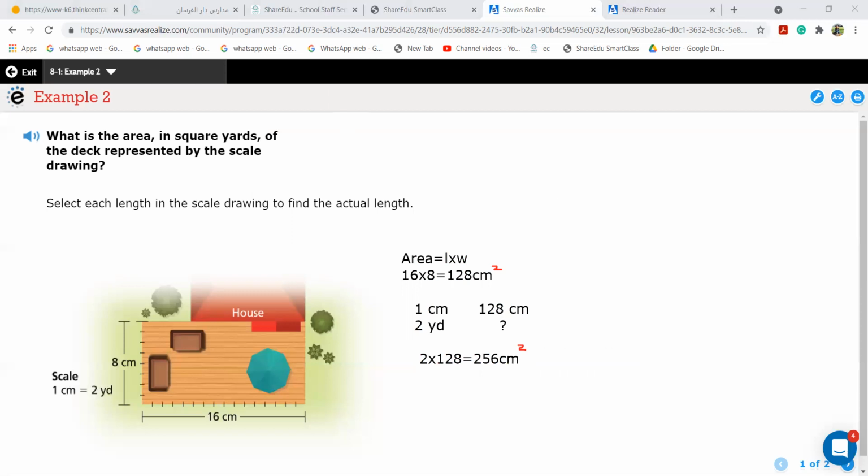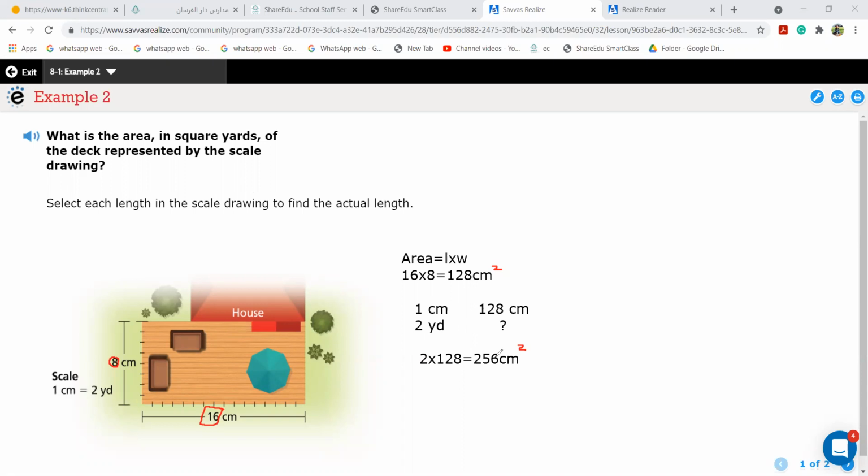Noor, Judy, Miral, did you understand this? Area is that you multiply 8 times 16. See, Zishan, what is the meaning of area? You'll multiply the length and the width. When I multiply, I get centimeter, but I don't want it in centimeter. I want to see it in yards. So I changed the centimeter to yard. 1 centimeter is 2 yards.